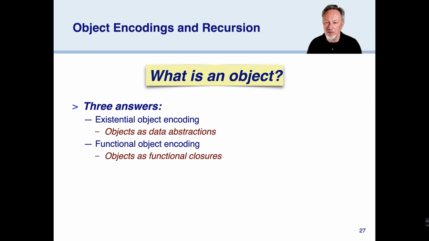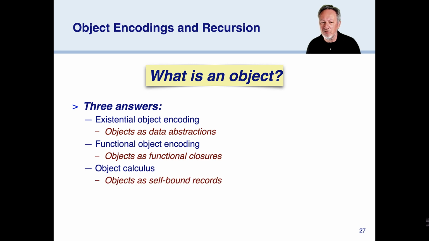We'll see that in some more detail in a moment. And finally, this is perhaps the hairiest, using a variant of the lambda calculus, the so-called object calculus, where we can think of objects as self-bound records. And this has to deal with the problem of recursion, because when I have objects, typically in the methods of an object, we also refer to methods that refer to instances of the same class, and that's where all the problems come from.